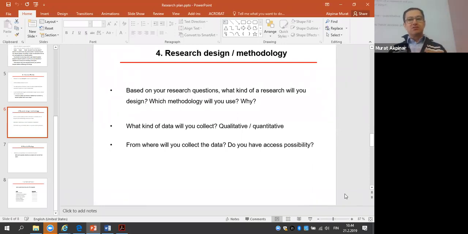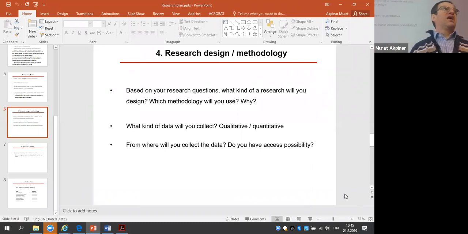Under this section, what we are asking at this moment is that you think about, in answering your research questions, will you be taking a qualitative approach or a quantitative approach? We have to clarify what we mean by qualitative, what we mean by quantitative.